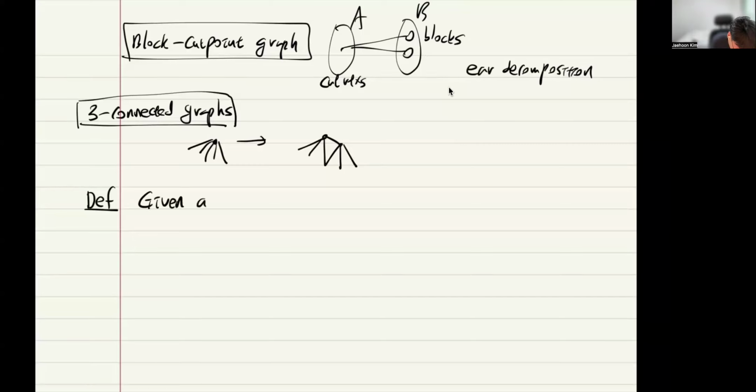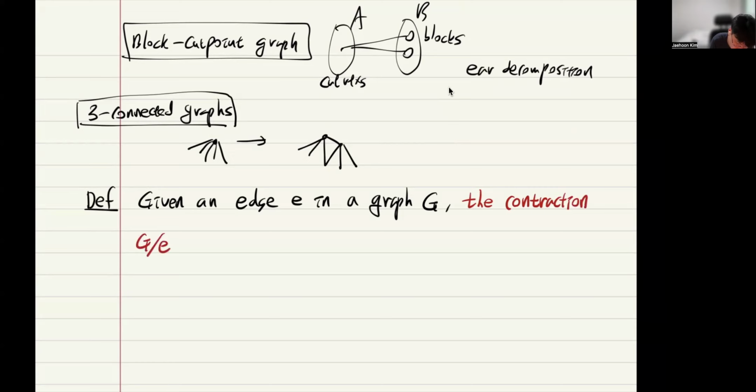So given an edge e of a graph G, we define the contraction, and we write G/e.